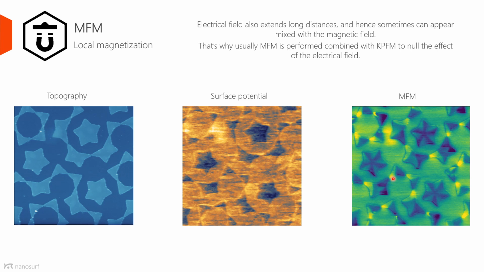This is why MFM is usually recommended to be performed with different probes, low and high momentum, different magnetic fields to see if domains change, and usually with electrostatic compensation with some of the KPFM modes we saw before.